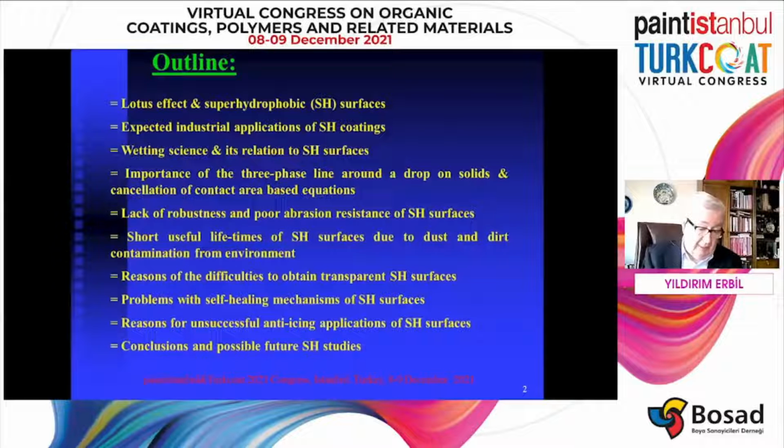It is sometimes very hard to obtain transparent superhydrophobic surfaces, but there are scientific reasons for this. And there are problems with the self-healing mechanism of superhydrophobic surfaces. Superhydrophobic surfaces were also applied as anti-icing coatings, but there are reasons for their unsuccessful outcomes. And at the end of the talk, I will report on the conclusions and possible future studies on superhydrophobic surfaces.